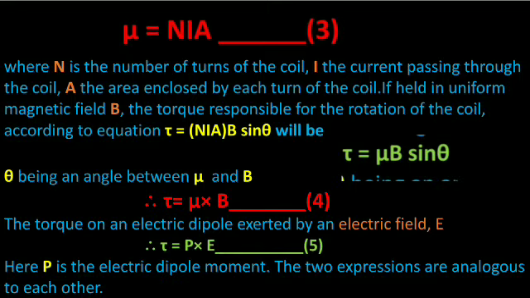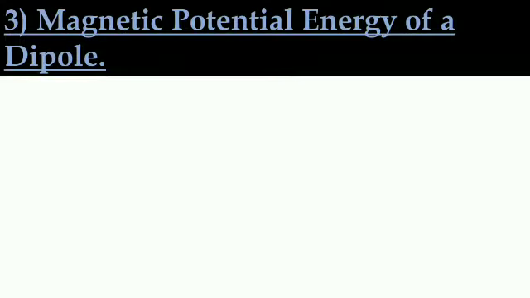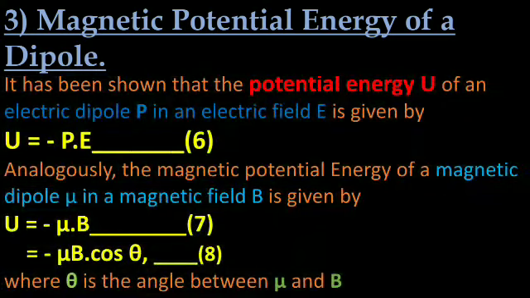Similarly, the torque on an electric dipole exerted by an electric field will become tau is equal to vector p cross vector E, labeled as equation number 5. Now let's move further to the next topic, that is the third topic, magnetic potential energy of a dipole.